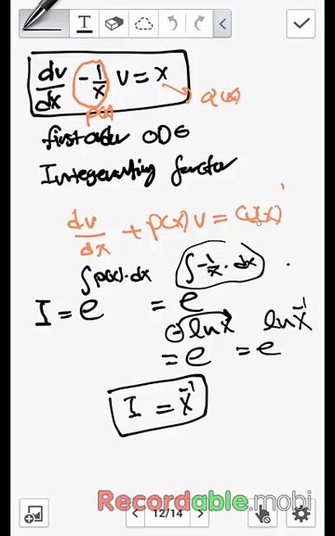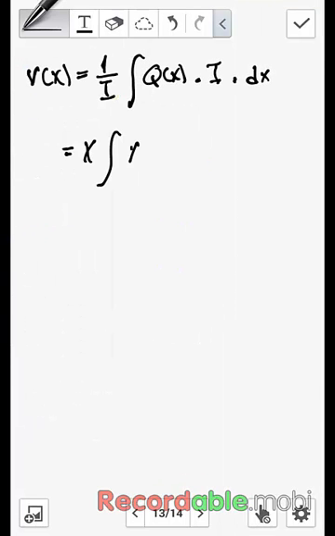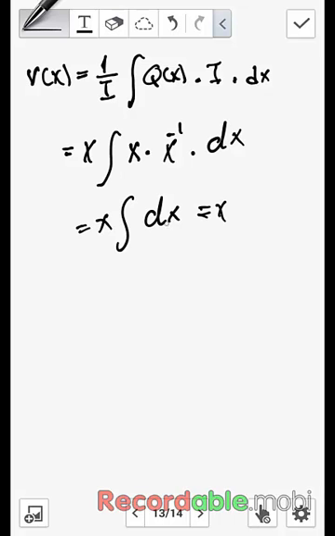The q of x, the right hand side, is equal to x, times the integrating factor, which is x to the power of minus 1, dx. This cancels out, and we get the integral of 1 dx, which equals x plus some constant c. So it will equal x times (x plus c). This is v of x.